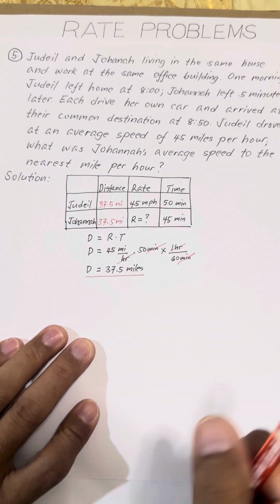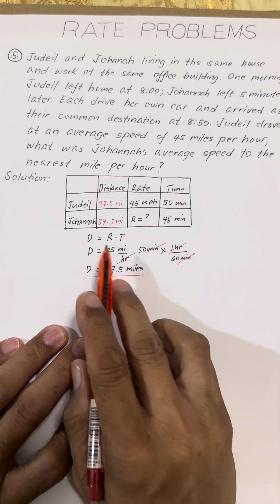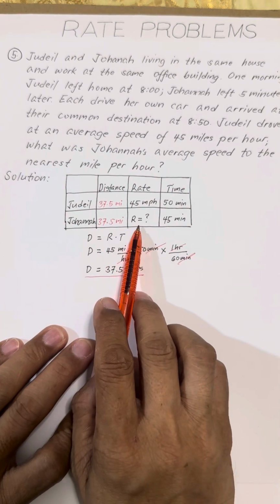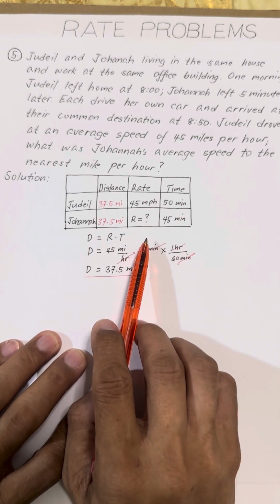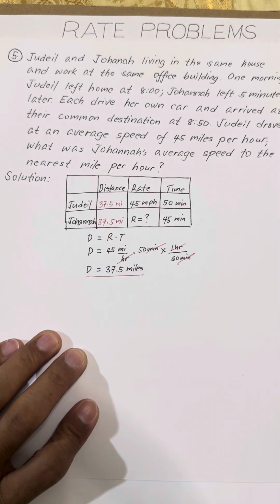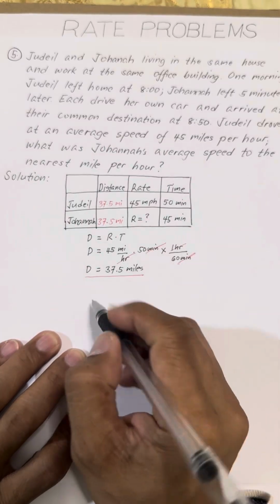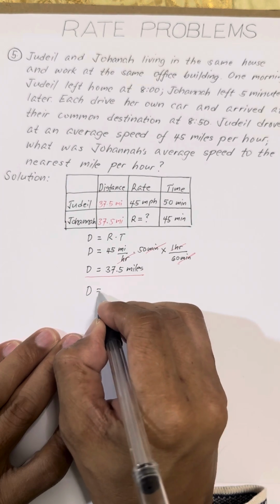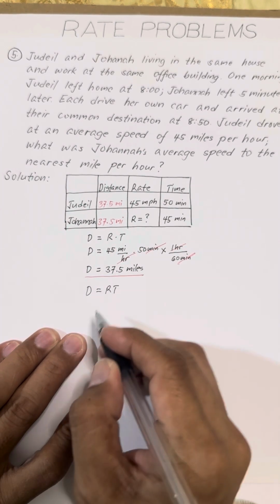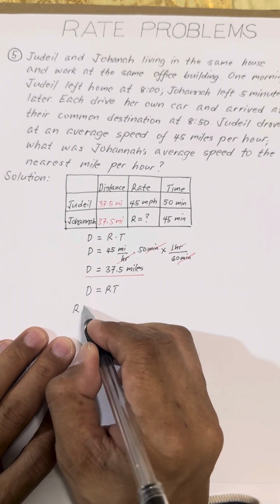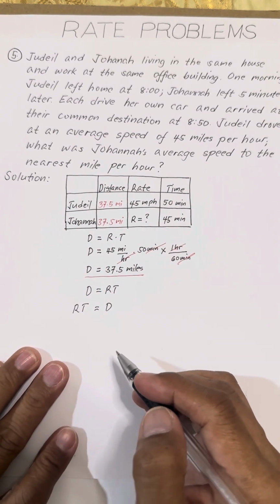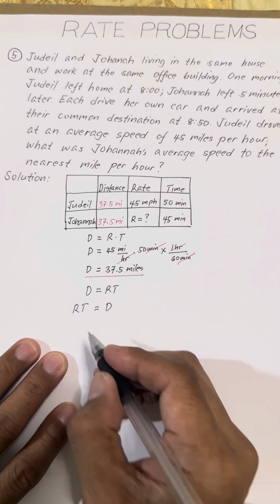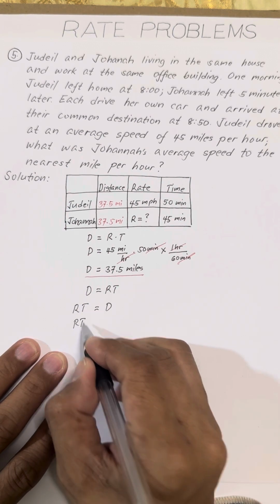So we can now easily solve what is required in this problem, which is the average speed for Johanna. Again, from the formula that distance equals rate times time, we can also write this as rate times time equals distance. Now, since we need to solve for the rate r, let us divide both sides by t.